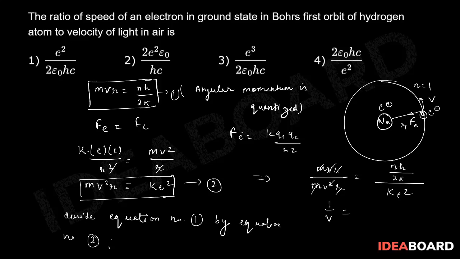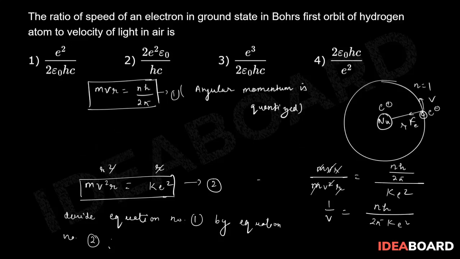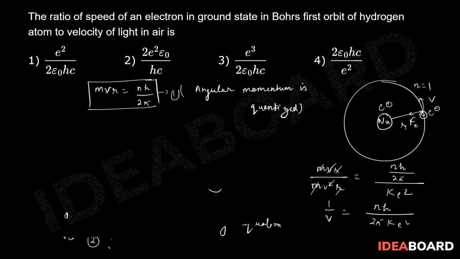So 1 upon v we get nh upon 2 pi K e square finally, and from there, if you take the reciprocal of that, then v is 2 pi K e square upon nh, right?